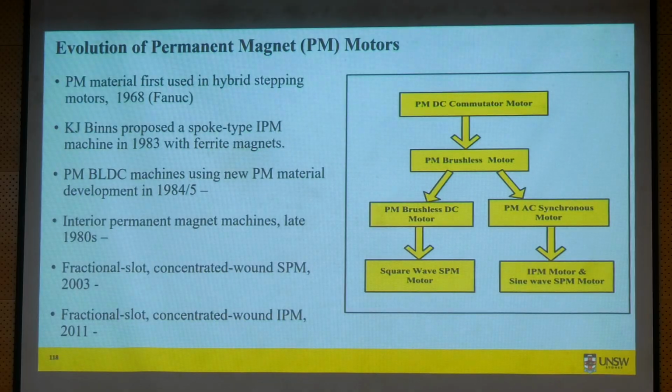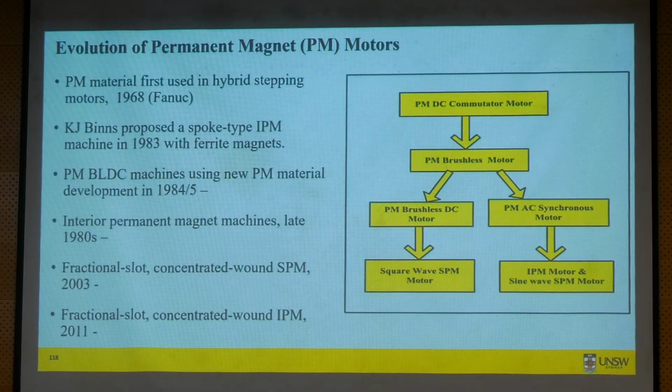But the problem was the brushes, the carbon brushes. You have to keep changing carbon brushes every 6 months, which is a pain for industry, right? So they were trying to design something where you can eliminate the brushes. And so the first version of the PM machine is the PM brushless motor.